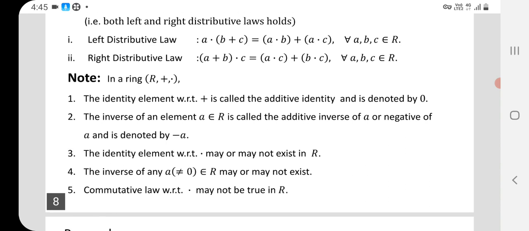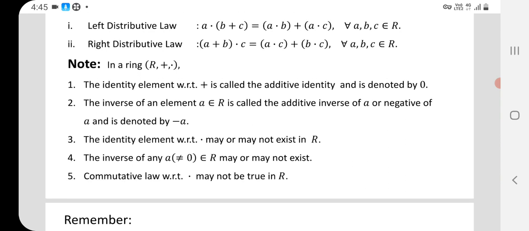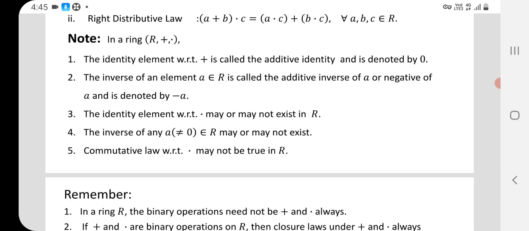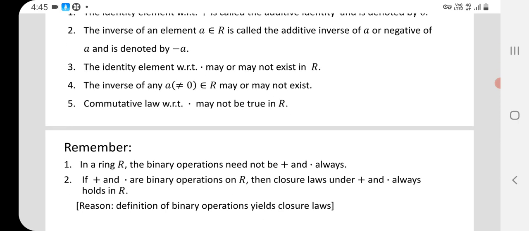The inverse of an element A in a ring R is denoted by minus A. The identity element with respect to multiplication, that means dot, may not exist in R. The inverse of any element in a ring may or may not exist. Commutative law may not exist under the multiplication in R.